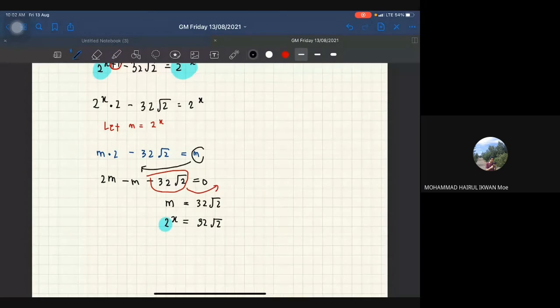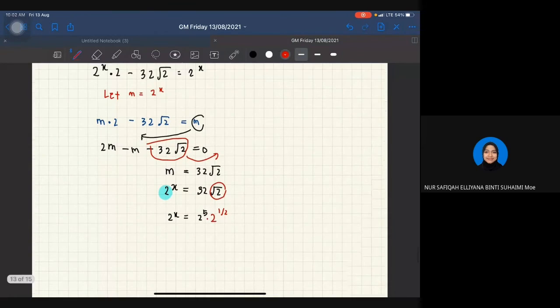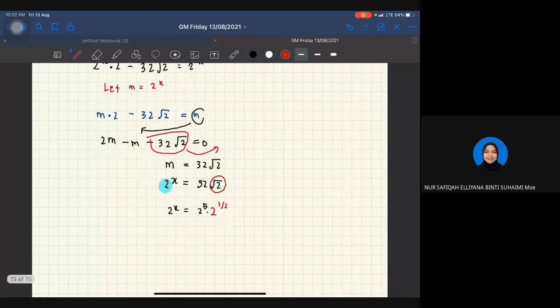Okay, so 32 adalah 2 kuasa berapa? 5. Okay, so 2 to the power of 5 and then square root 2, dia adalah equal to 2 to the power of 1 over 2. Okay, so dia darabkan, alright. So when we have the same base and then dia adalah darab, so the power will become plus.